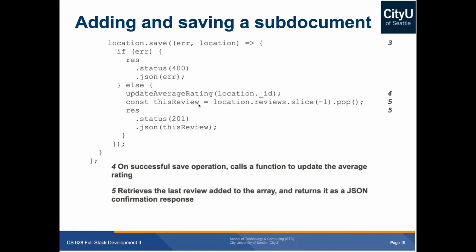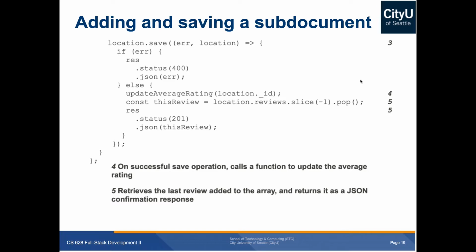And next is, we know this, where we do the location.reviews.slice(-1). So what this does is it would basically slice the reviews array and leave the last element in the array, and then you pop it.